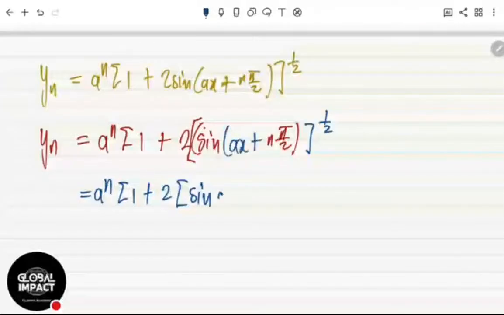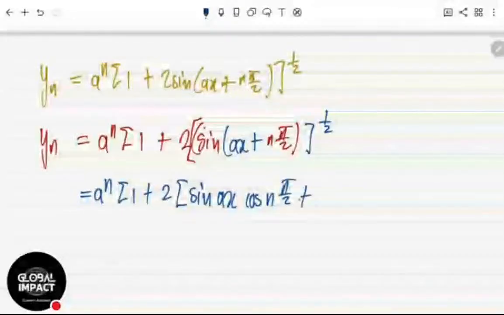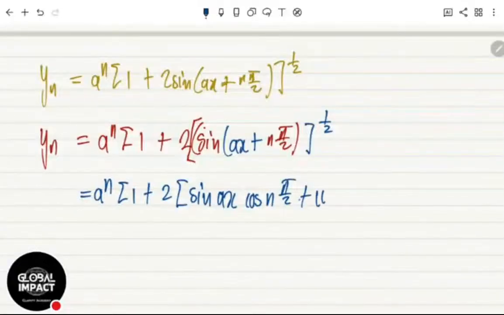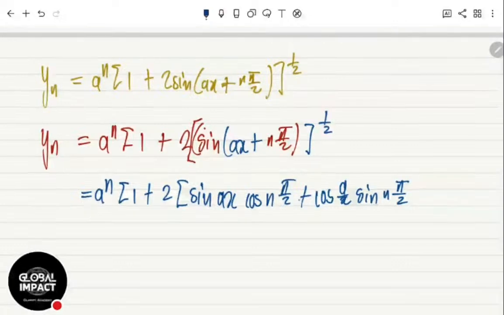So it's going to be sine ax cos n pi over 2 plus, here you'd now write cos ax sine n pi over 2. Do you see it?